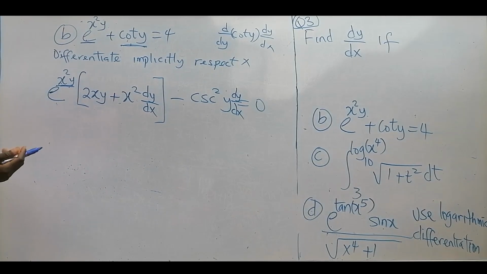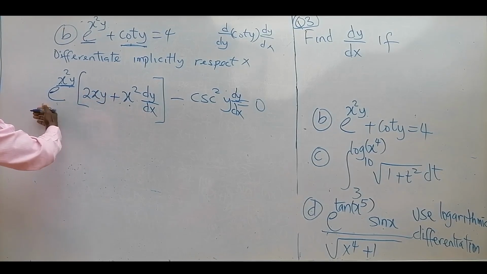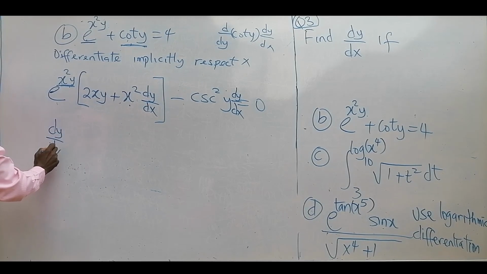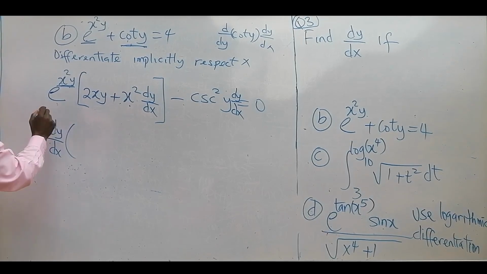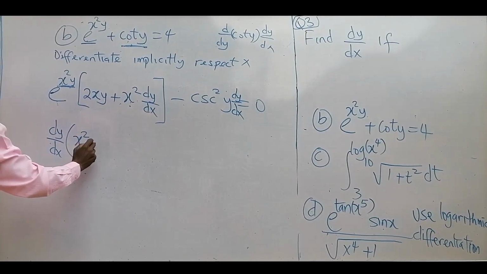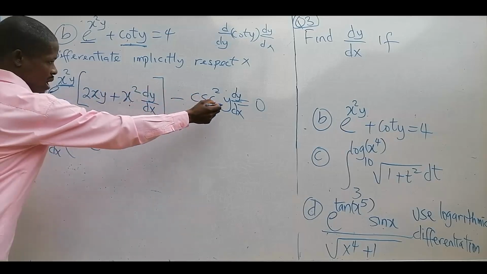So the next thing to do now is to collate, bring together your dy/dx. So it's going to be this one. I'm going to open this one, dy/dx. Open your brackets. So this will be this one times this one. So I'm having x squared times this function. There's also the y here.